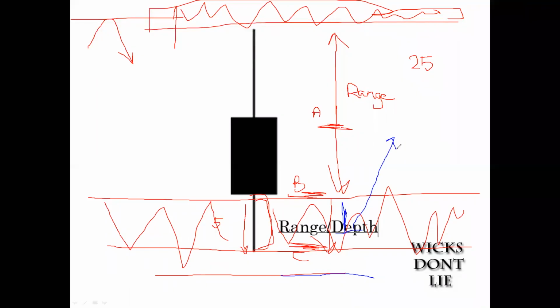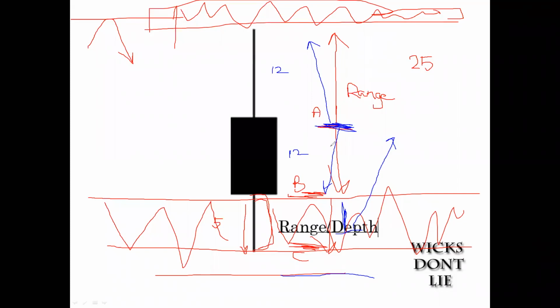Now, in the other instance, let's say you want to enter in the middle of the range here. Now your range over here is 12 pips, and your range over here is 12 pips, right?